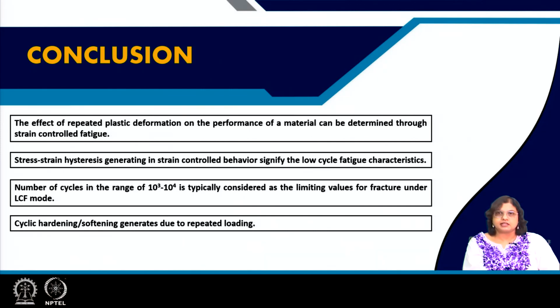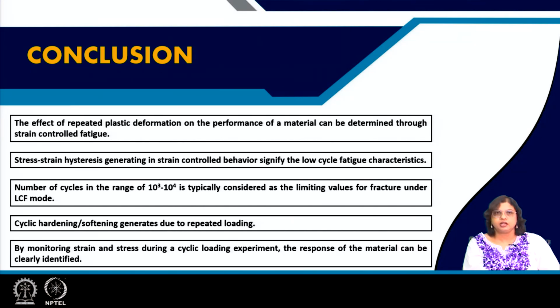In case there is an enhancement in the stress amplitude level, that is named cyclic hardening. If there is a reduction in the stress amplitude level, that is cyclic softening. And by monitoring the strain and the stress during a cyclic loading experiment, basically we can identify the response and the behavior of the material in more detail.